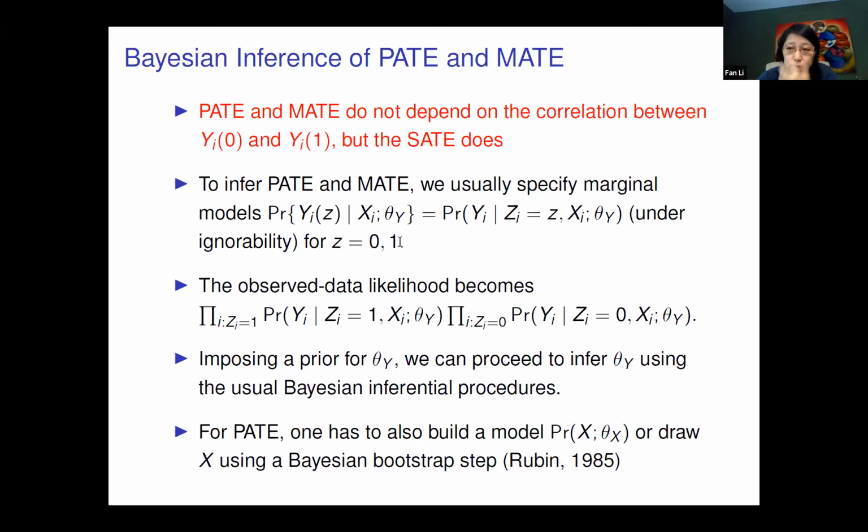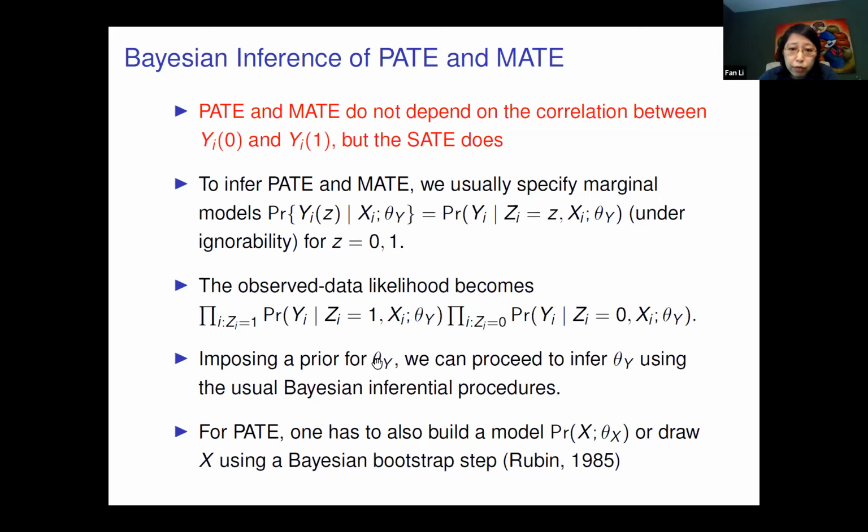Instead of even a bivariate normal distribution as mentioned earlier, you just specify those marginal models. Once you have these marginal models, you can calculate the likelihood. The observed likelihood would be: you go to the treatment group and calculate the likelihood, and in the control group the likelihood, and then take the product of the two. That will be your likelihood. And then you impose a prior.